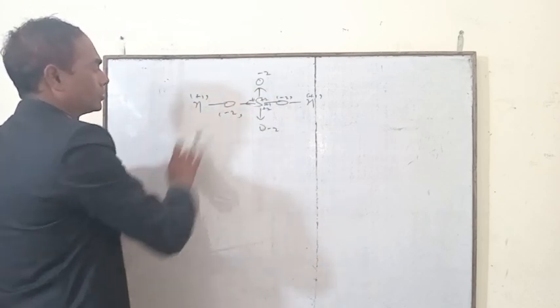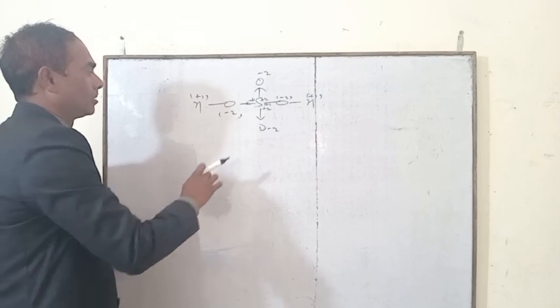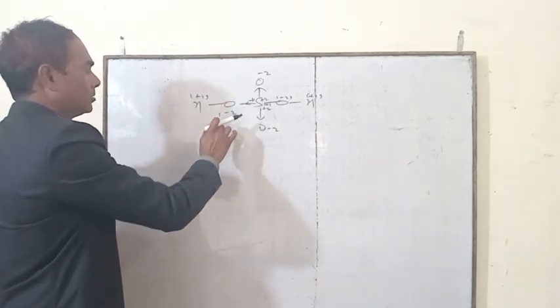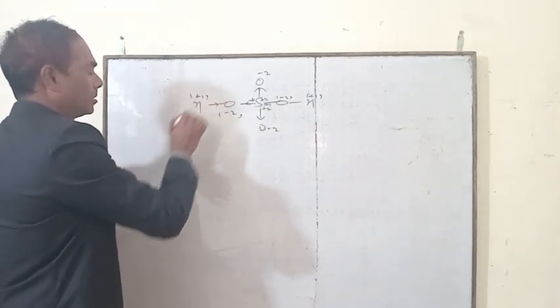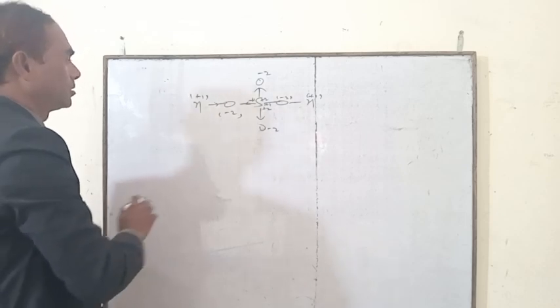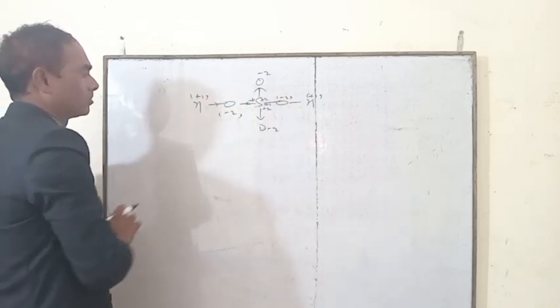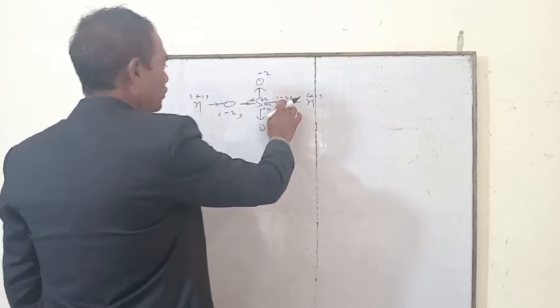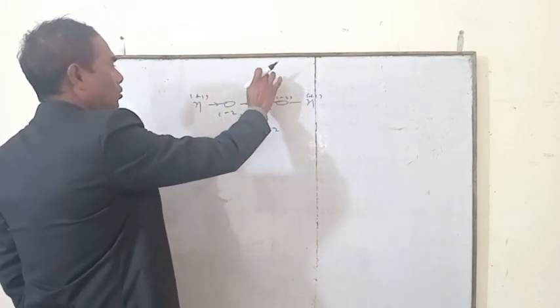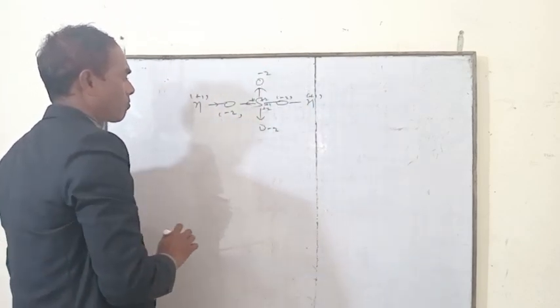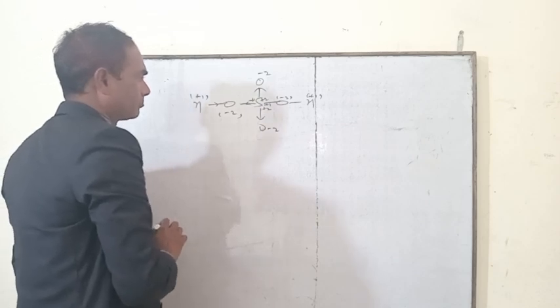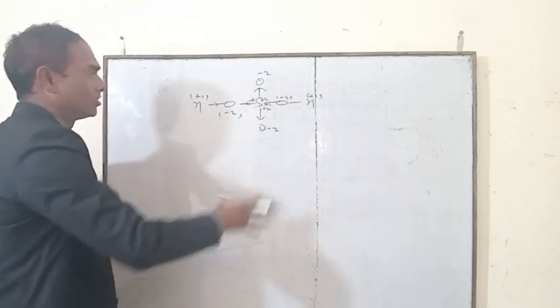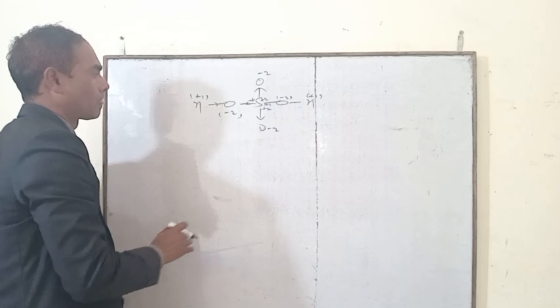This bond is polar and attracted toward the oxygen. This bond also polar and attracted toward oxygen. That's why oxygen gains 2 negative charge. In the same way, here 2 negative charge each. Here the overall charge in this molecule is equal to 0.